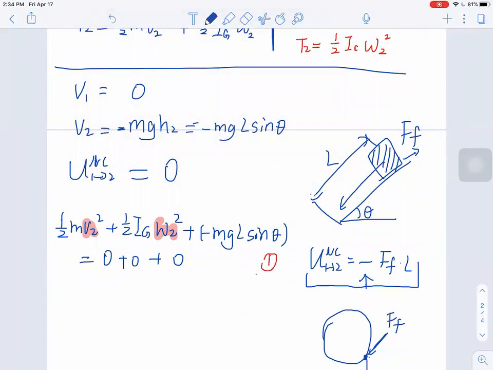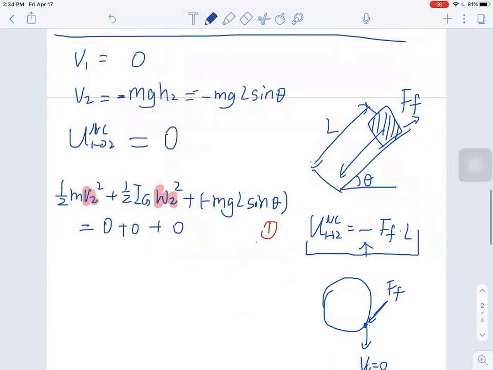We can use what we learned in chapter 2, kinematics, to build one more equation. Because this disk is a rigid body, there's a relationship between V2 and omega 2.